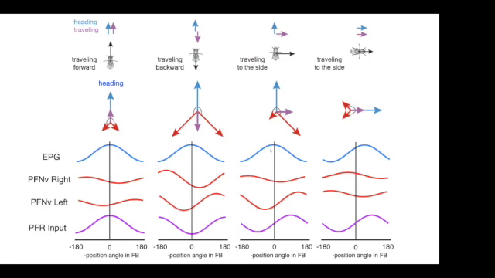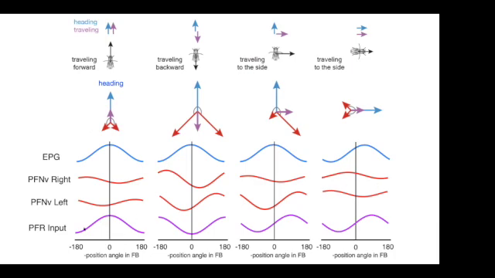It is centered in the forward direction unless the fly turns, and then it shifts over. You can see the right and the left shifted by 135 degrees. They have low amplitude when the fly is moving forward. They have big amplitude when the fly is moving backwards, and they have a non-symmetric amplitude when the fly goes right, et cetera, and they all shift together.